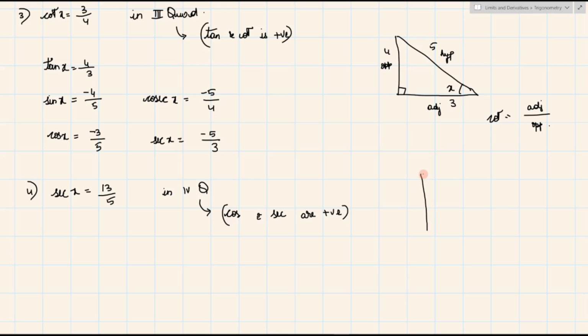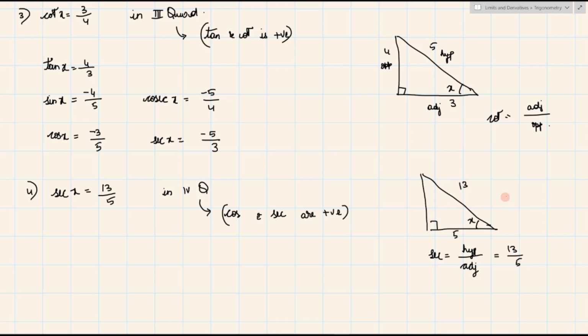So if we have a right angle triangle and if this angle is x, we know that secant x is given by hypotenuse divided by adjacent side. So the hypotenuse is 13, the adjacent side is 5, that is 13 by 5.